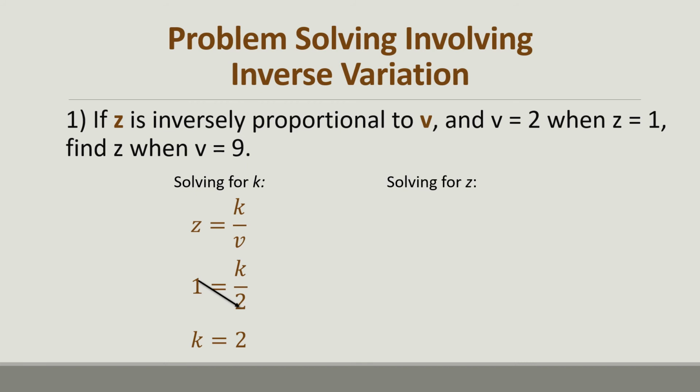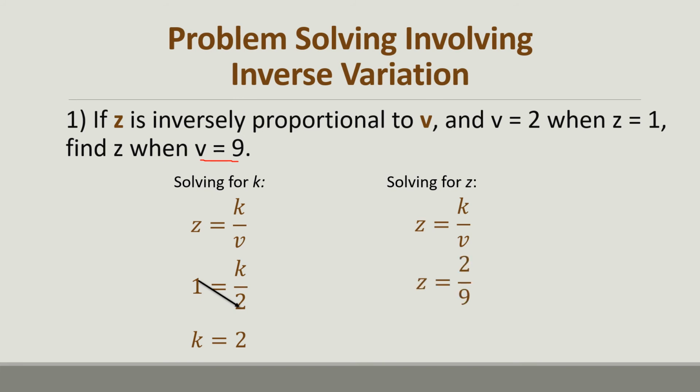All right. Now that we have K, class, we can solve for Z already. And Z here is actually what's being asked in this problem. So we have to write the equation once again. Z equals K over V, and then we substitute 9 for V and 2 for K. So that's how it will look like.